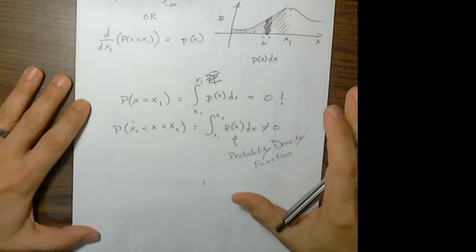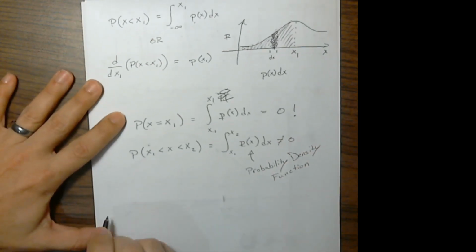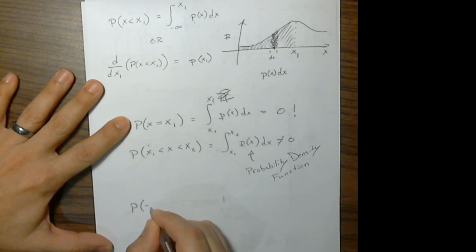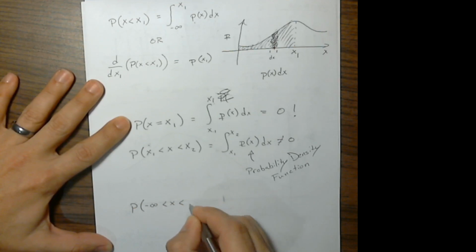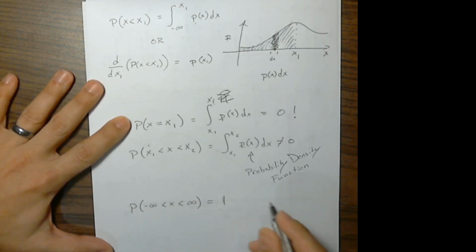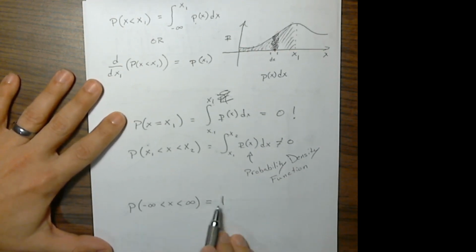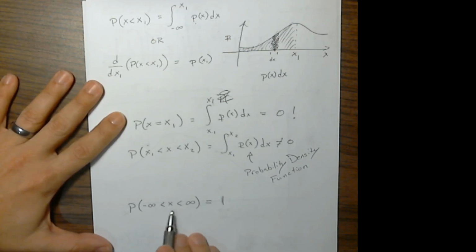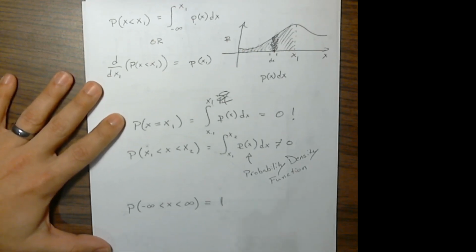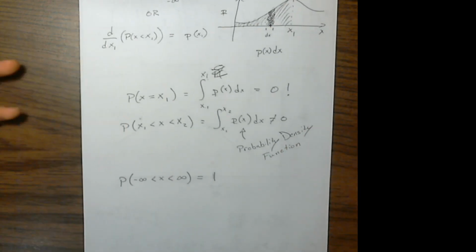So I need a similar constraint when I'm dealing with probability density functions. The probability that x is a number is 1, right? I may not know much about x, but I hope I can say that much. I guess I could ask the probability that x is purple, but that's outside of my context.